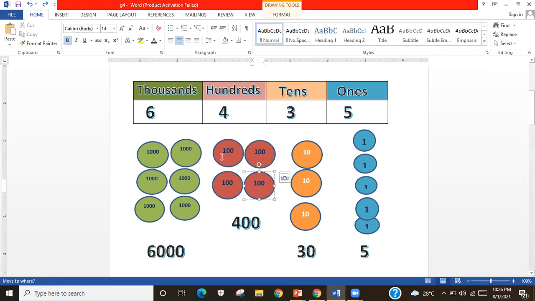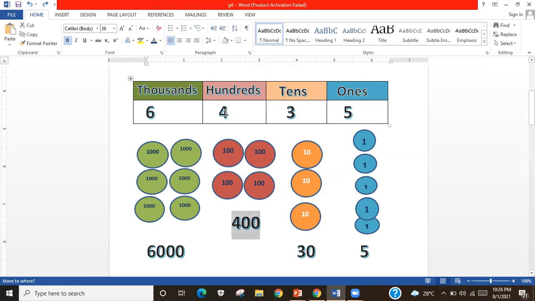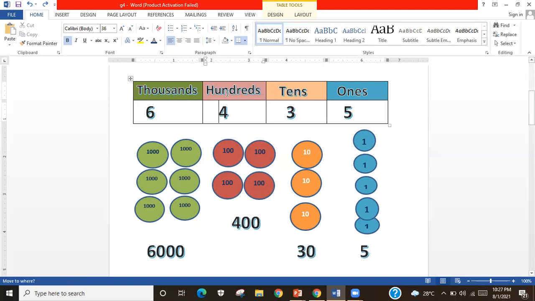The third digit is identified as hundreds, and you will say 4 times 100 equals 400.